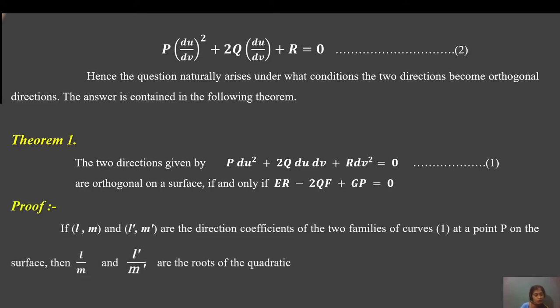Then what is the proof? If l, m and l dash, m dash are the direction coefficients of the two families of curves given by equation first at a point on the surface, then l by m and l dash by m dash are the roots of the quadratic equation.